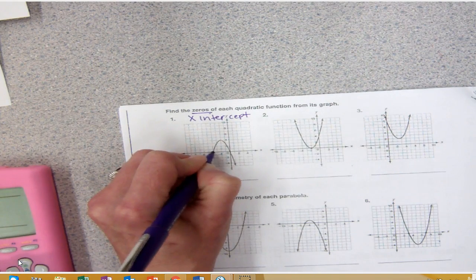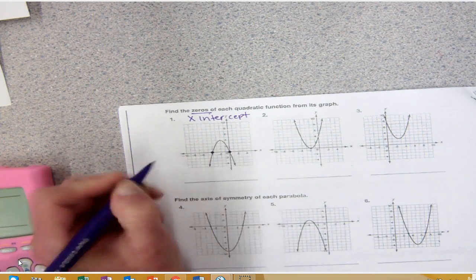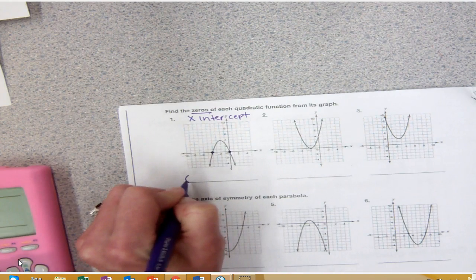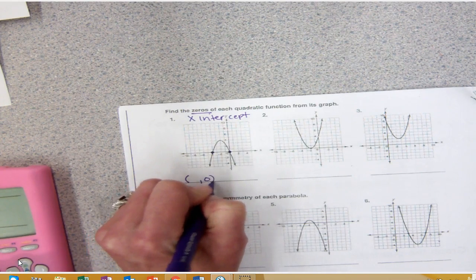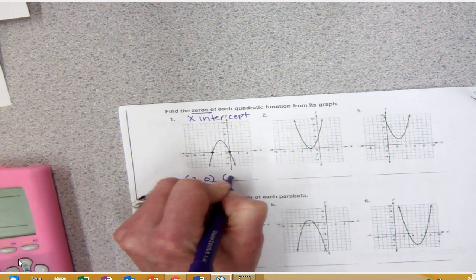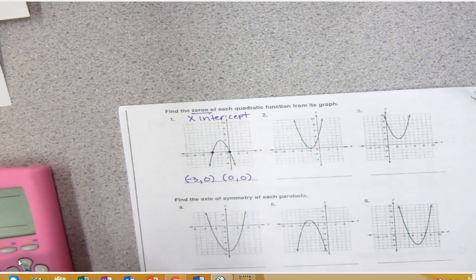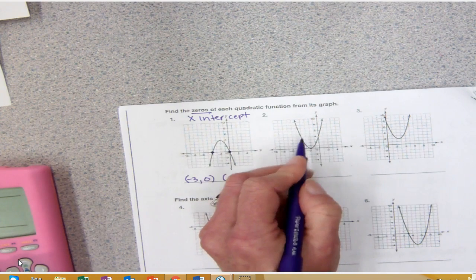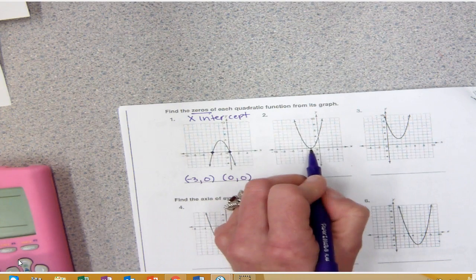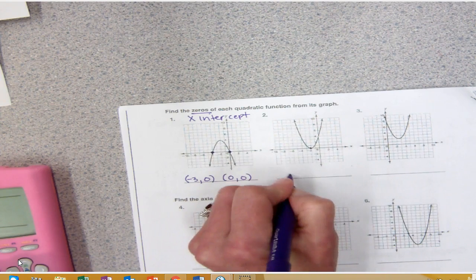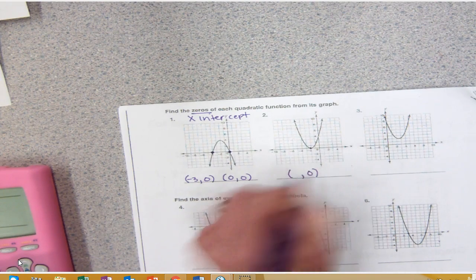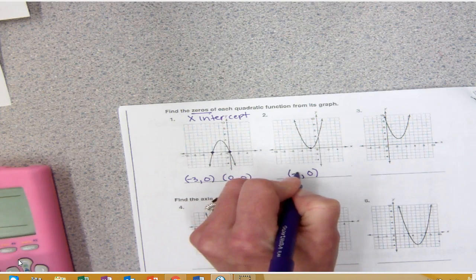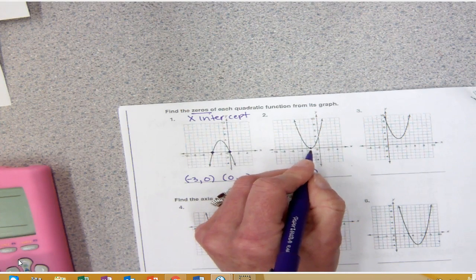So here is my 0, here is my 0. And you just put them in that way. Your y is always going to be 0. So I got -3, 0, and 0, 0. What's my zeros or my solution here? Well, there's only one. It's the vertex. My y is always going to be 0, and it would be -2 is where that is.